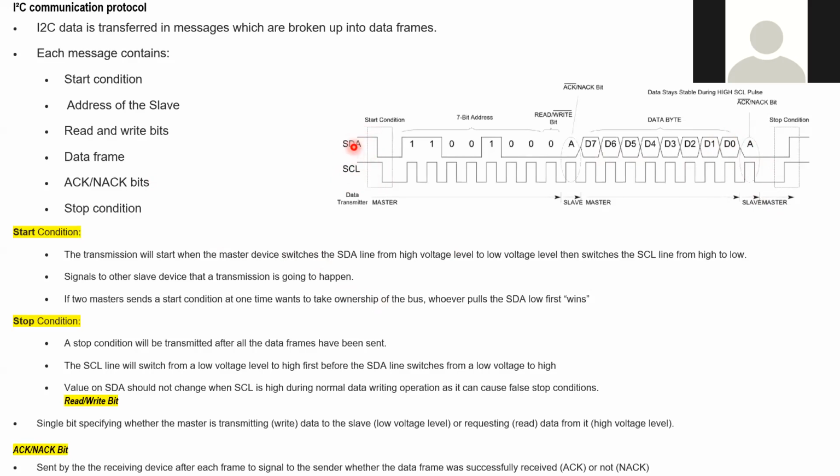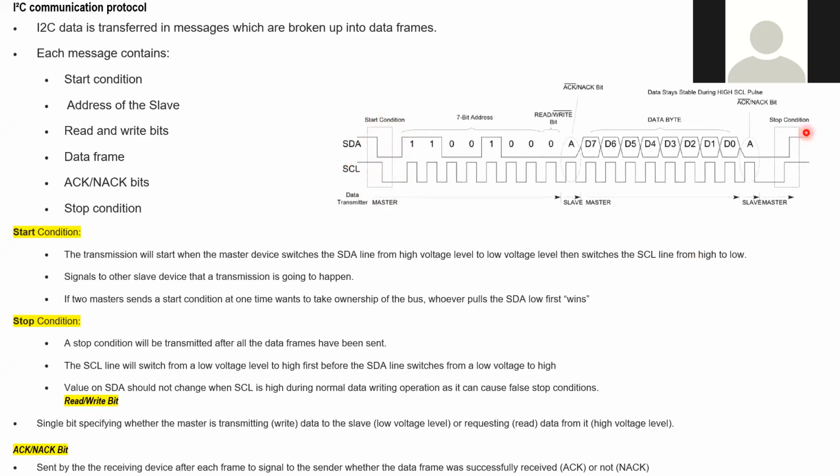Then after the serial data line switches, SCL also switches from high level to low level. That means we have to identify it as a start condition. Have you seen? Just focus. One, the serial data line comes from high to low. Then SCL also comes from high to low. That means it is a start condition.